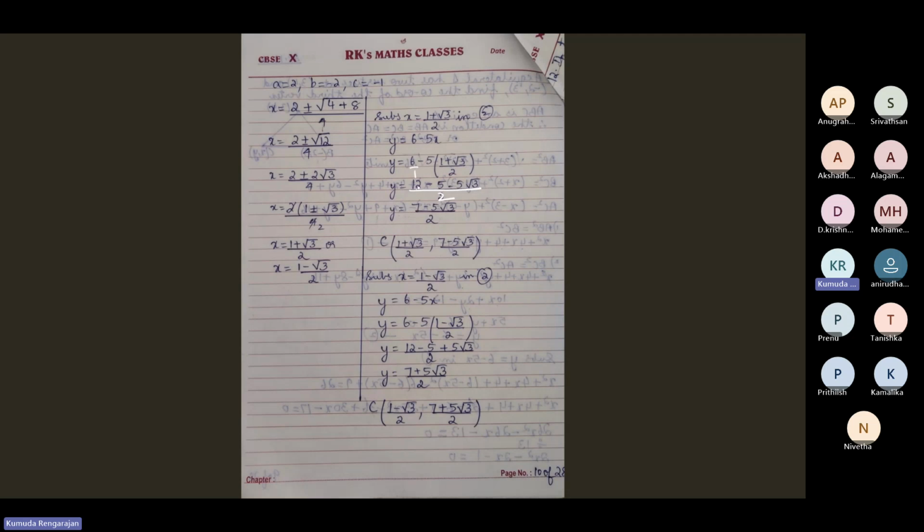So 12, and then minus 5 into 1, minus 5, minus into plus minus, 5 into root 3, 5 root 3 by 2. So 12 minus 5 is 7, minus 5 root 3 by 2. So when x is 1 plus root 3 by 2, y is 7 minus 5 root 3 by 2. Similarly, find the y value when x is 1 minus root 3 by 2.